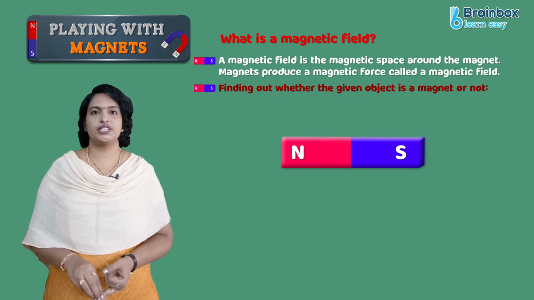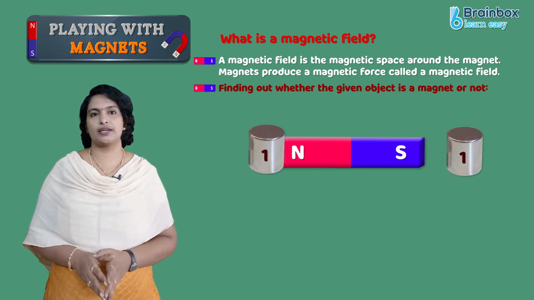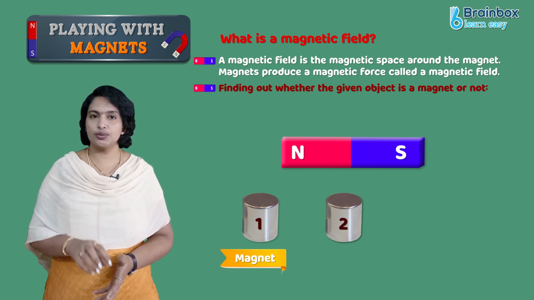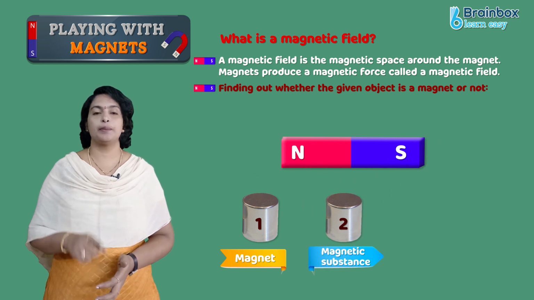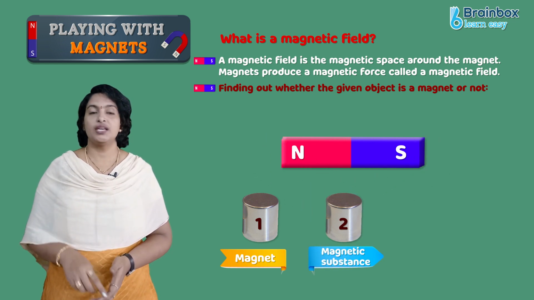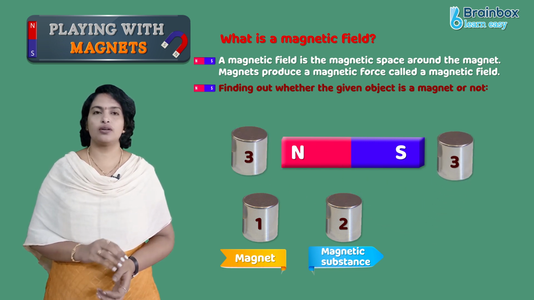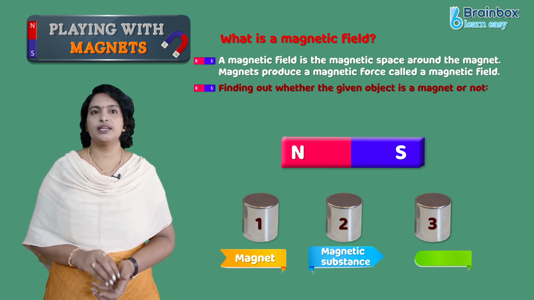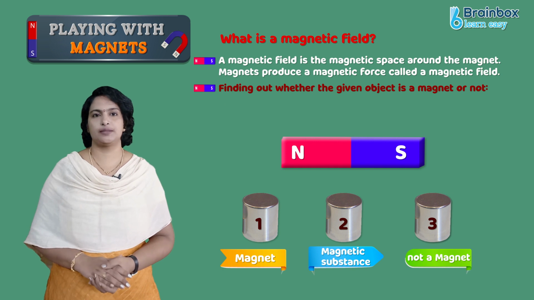If an object is attracted by both the poles of a bar magnet and not repelled by any pole, then you can say that it is not a magnet but a magnetic substance. If an object is neither attracted nor repelled by a magnet, then you can say that it is not a magnet or a magnetic substance.